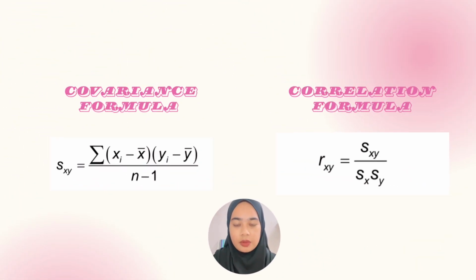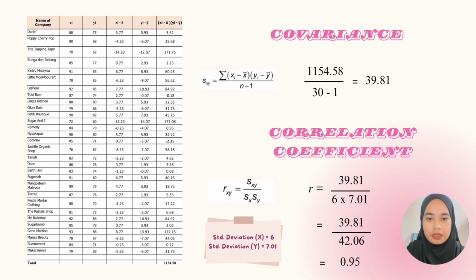I will present part 5, measures of association between customer satisfaction score and customer retention rate. To find out if there is a relationship between these two variables, we use two methods, which are covariance and correlation coefficient. So this is the formula. We calculate the covariance first. Covariance helps us to see whether the two variables move together.